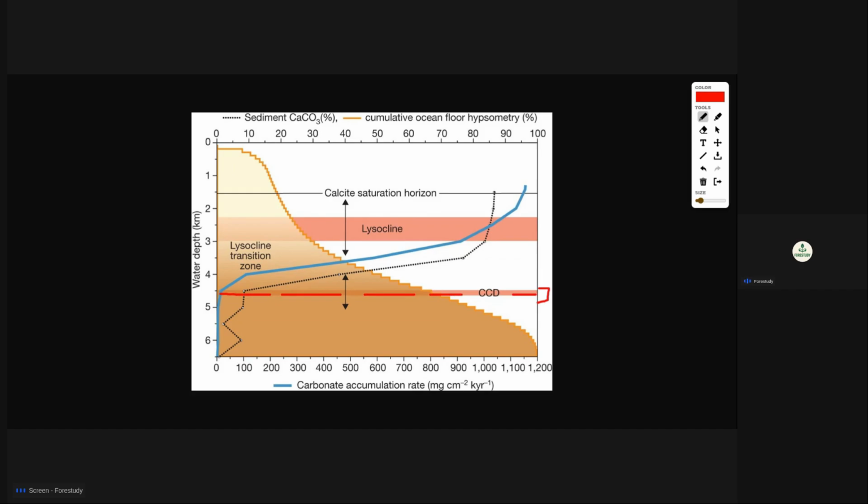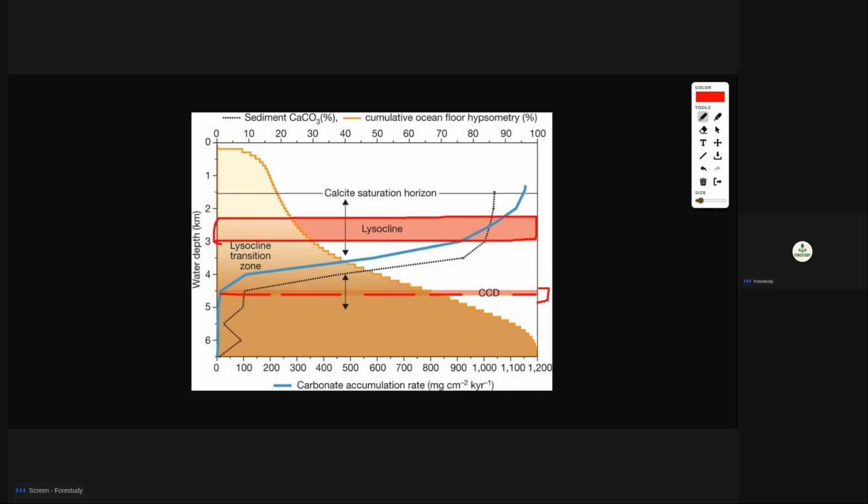And this is the lysocline. And what is a lysocline? If you are noting, then please note down the definition. A lysocline is the ocean depth where calcium carbonate starts to dissolve significantly, forming a transition zone between carbonate-rich and carbonate-poor sediments.